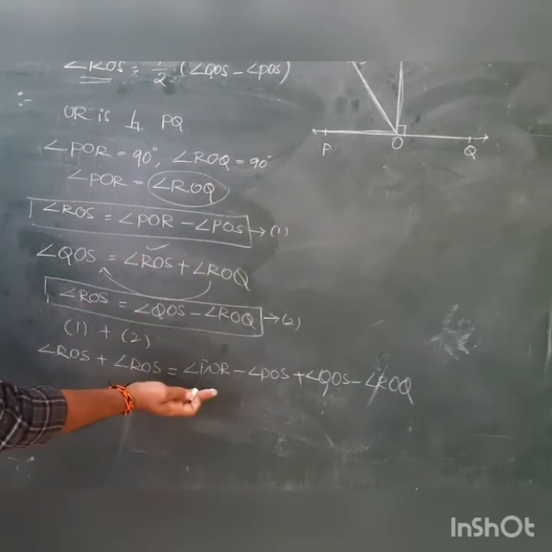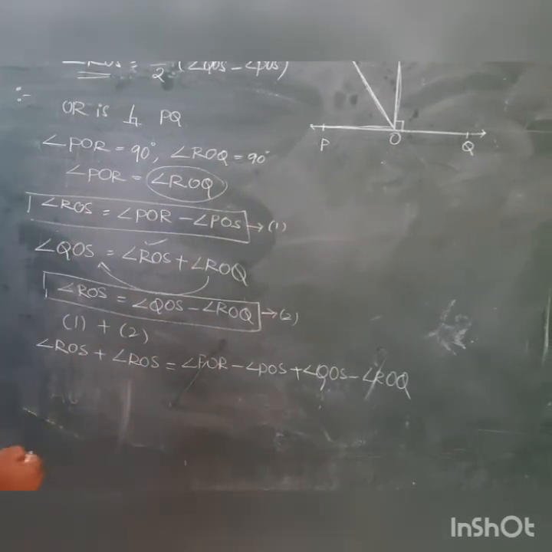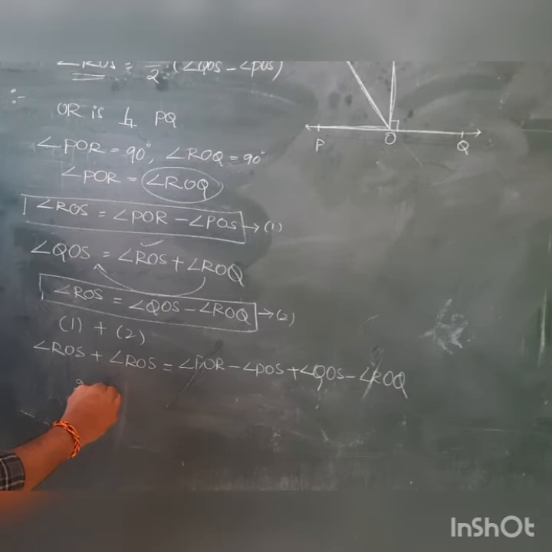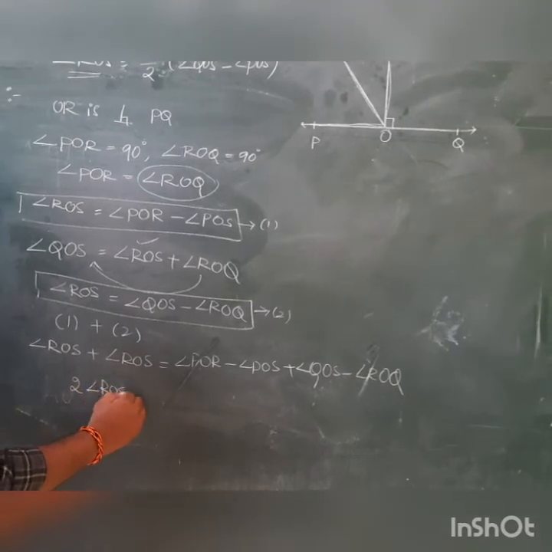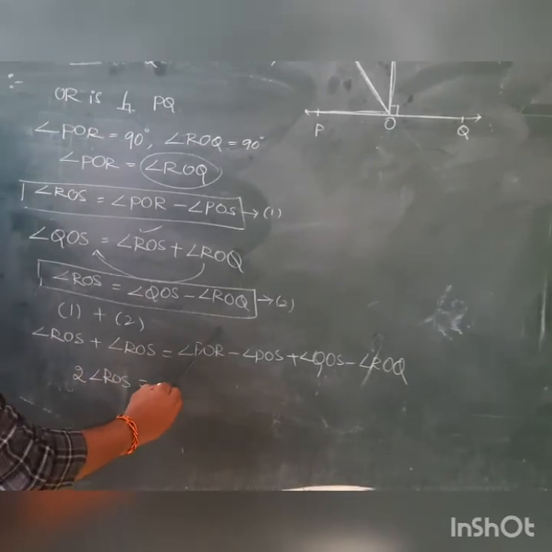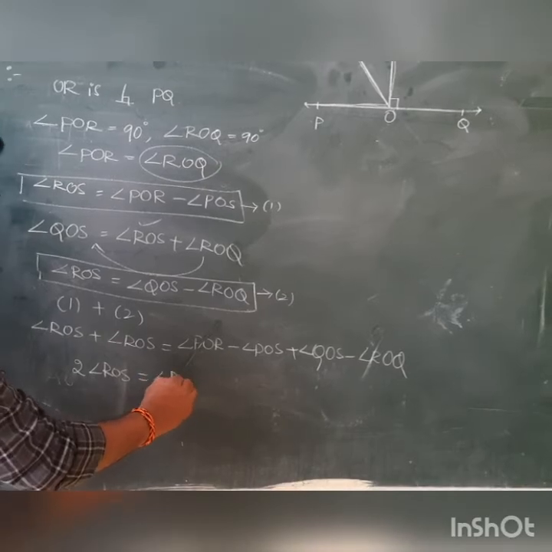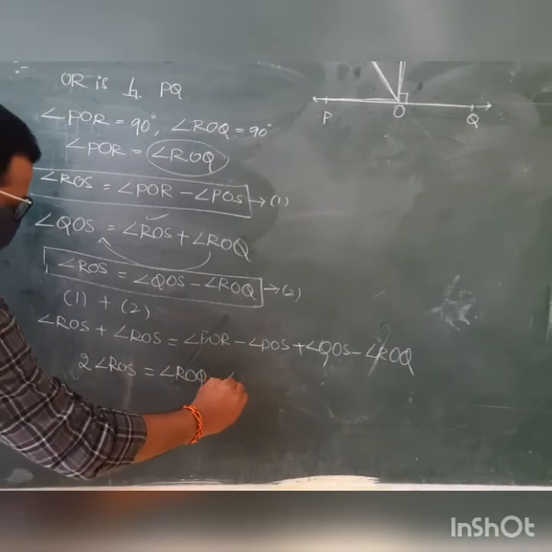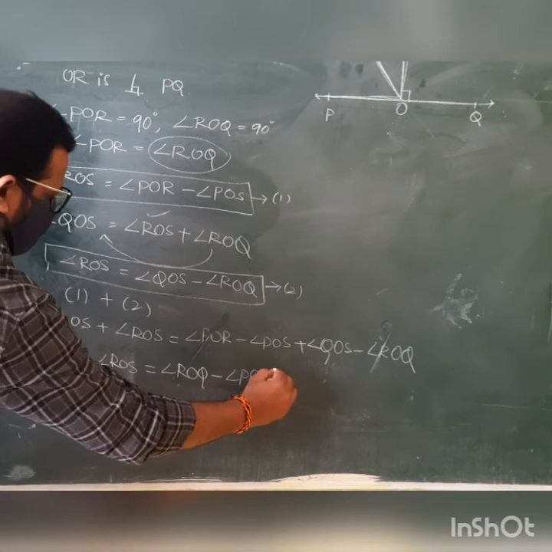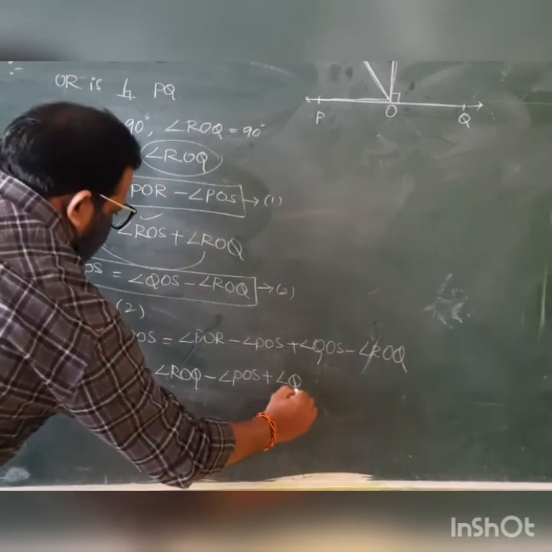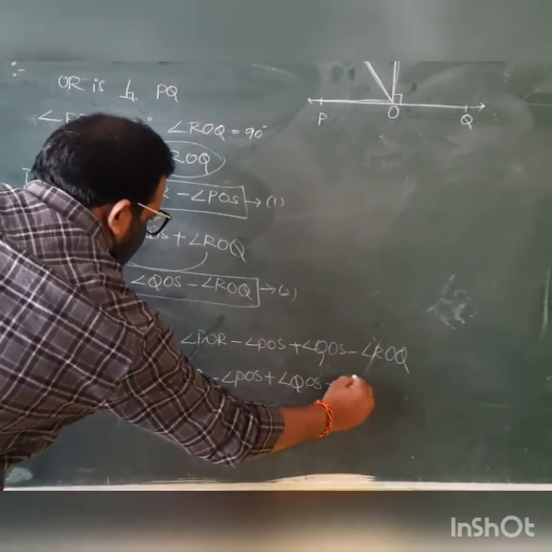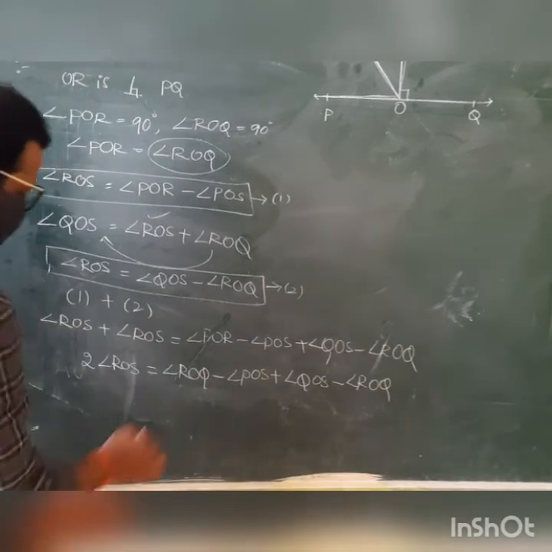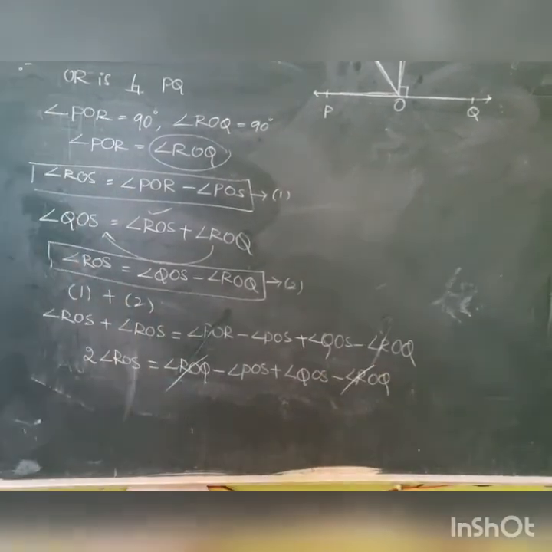I am replacing angle POR with ROQ. So here 2 angle ROS equal to ROQ minus angle POS plus angle QOS minus angle ROQ. Plus ROQ minus ROQ cancel.